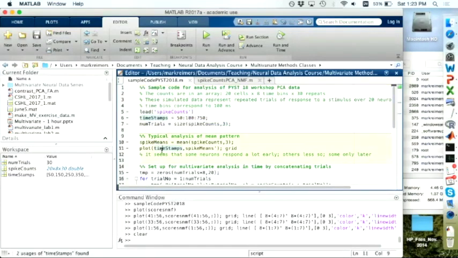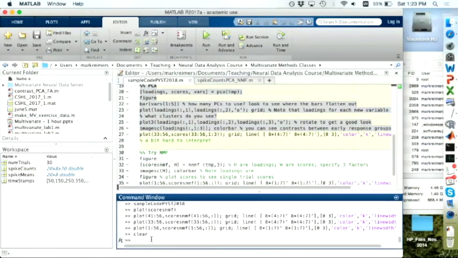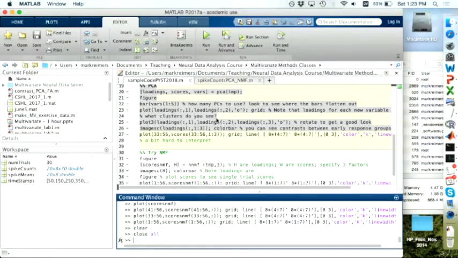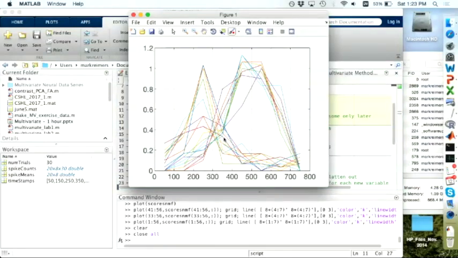So let's do the usual thing that we do, which is to look at the mean response. Okay, so you see something that looks like this, right?